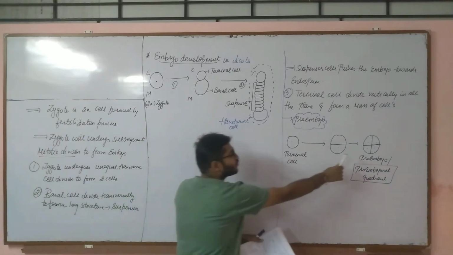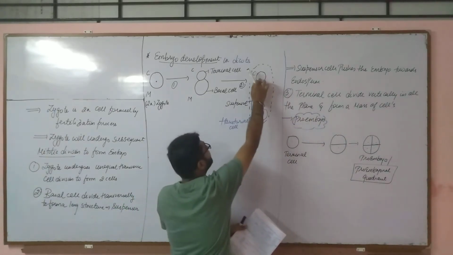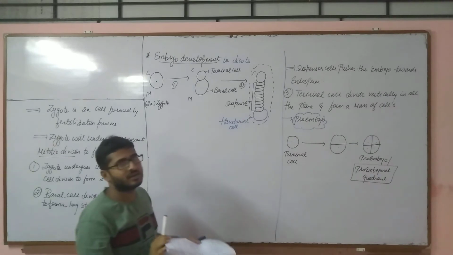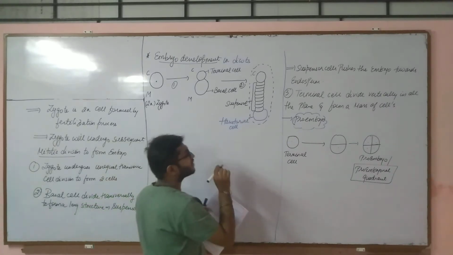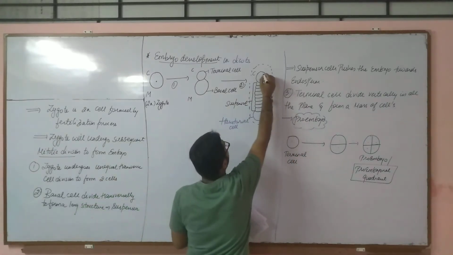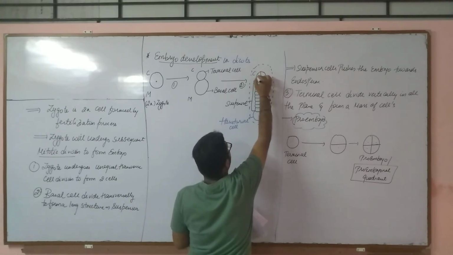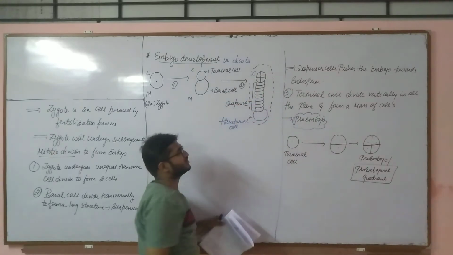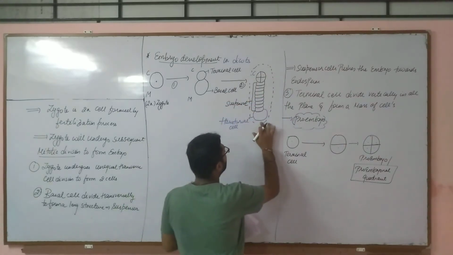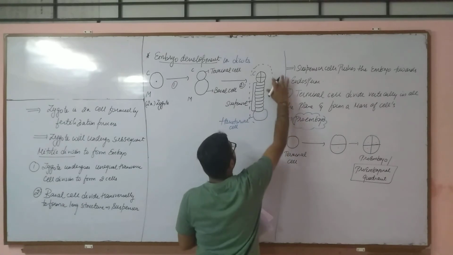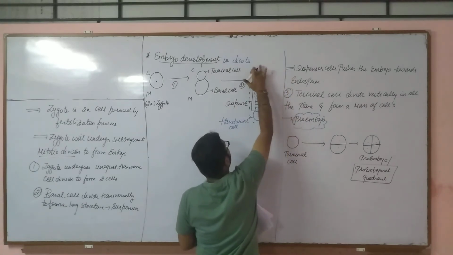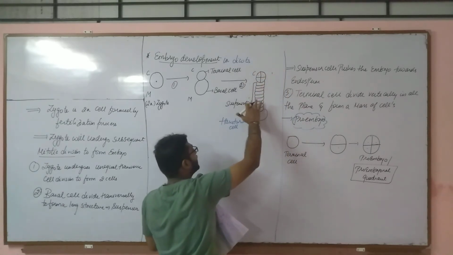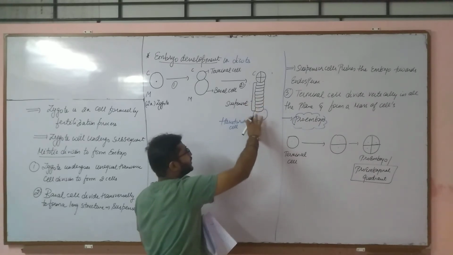So I am going to draw only this cell instead of the regular chalazal end cell, that is the terminal cell. So let us draw the cells 1, 2, 3, 4, and the entire structure is the structure of the embryo sac. Now it is not required, so I am removing it. Now this structure which is formed is called the pro-embryo.